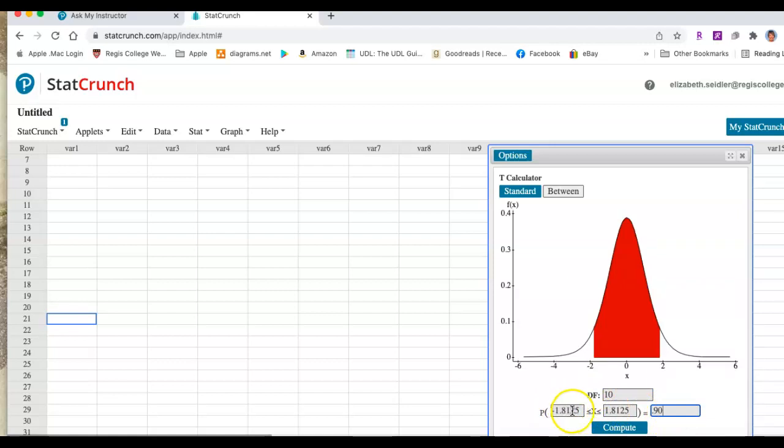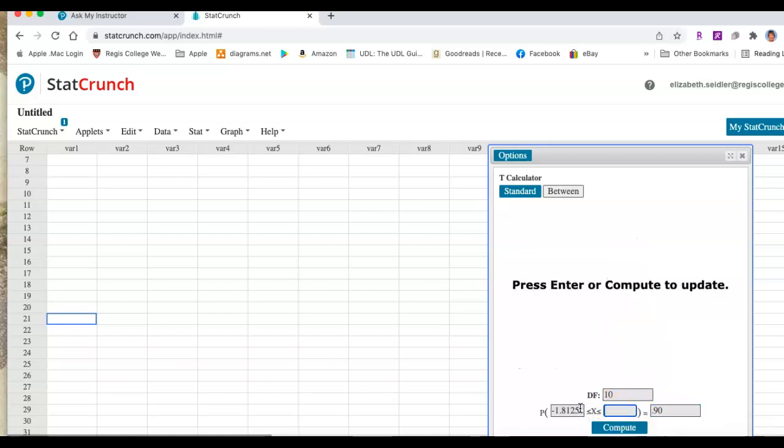Minus 1.81 and plus 1.81 are the cutoff points. Okay, so when we're doing this, you want to take 1 minus the significance level to put in the area here to get the critical values.